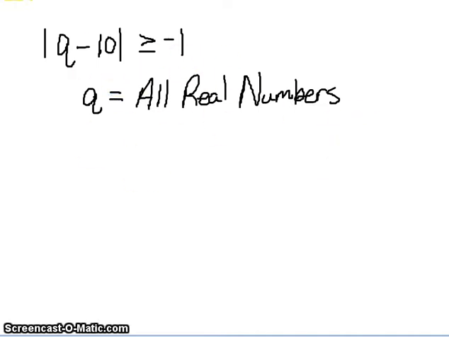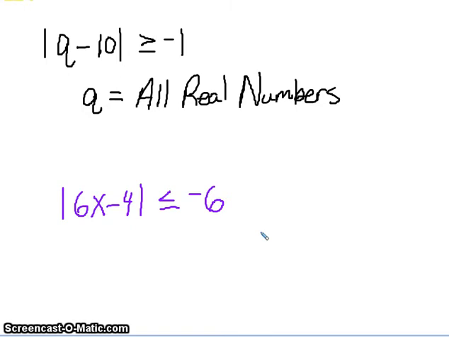Now, we also have a problem. If I have the absolute value of 6x minus 4 is less than or equal to -6, can the absolute value ever be less than a negative?